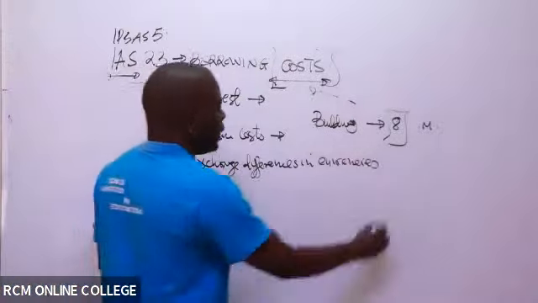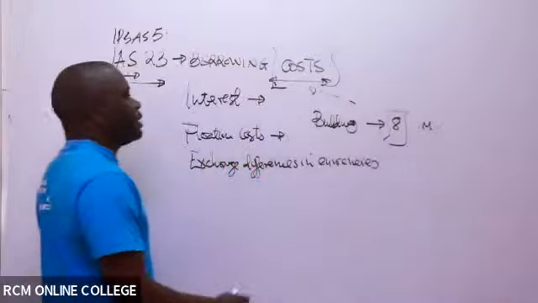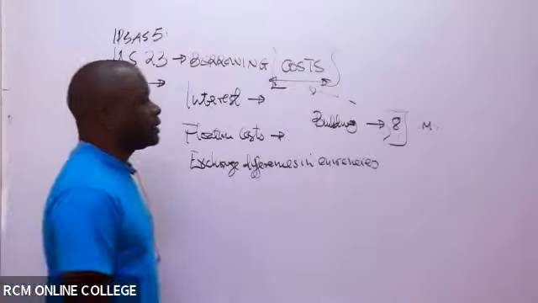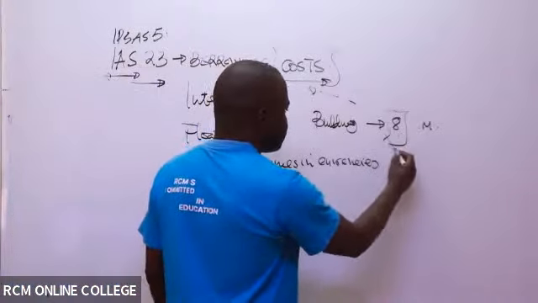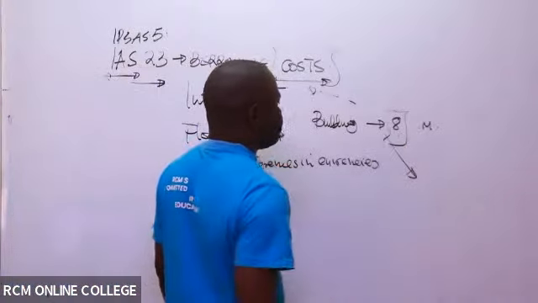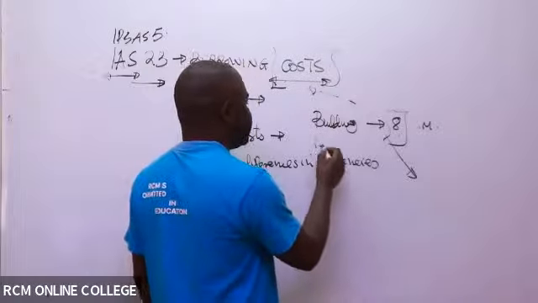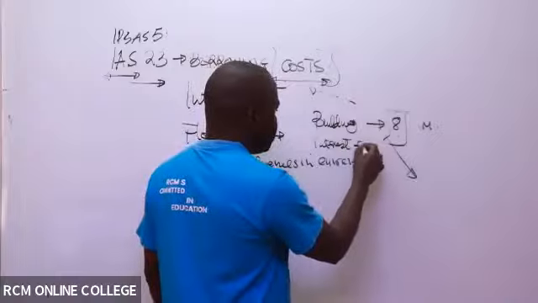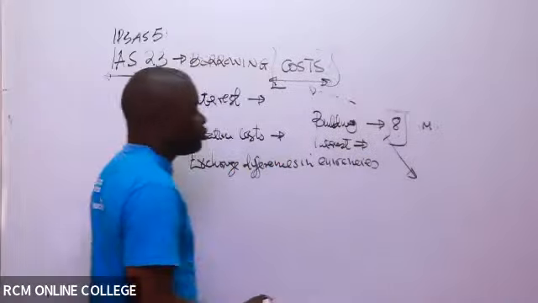So you'll borrow the 8 million, but now the requirement under International Accounting Standard number 23 is that the total cost of this particular building should include the interest for the period under which the construction was being undertaken.